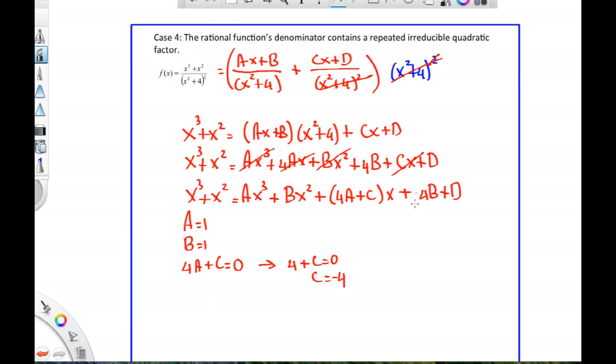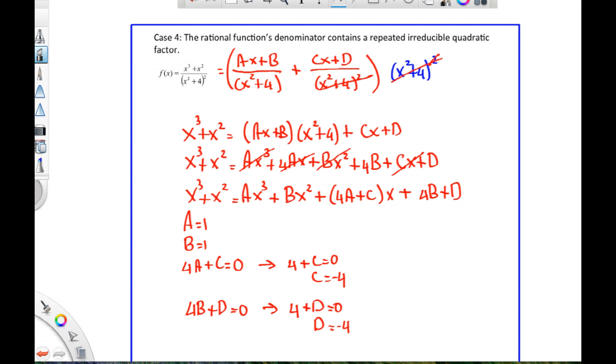And the last one is 4b plus d, which is equal to 0, because I don't have any constant. Because b is 1, you get 4 plus d is equal to 0. So d is also negative 4.